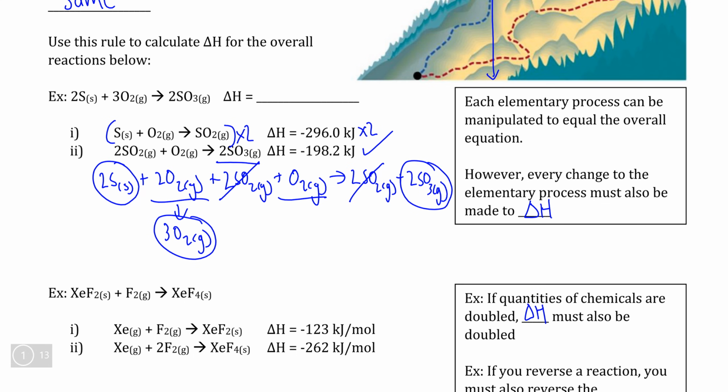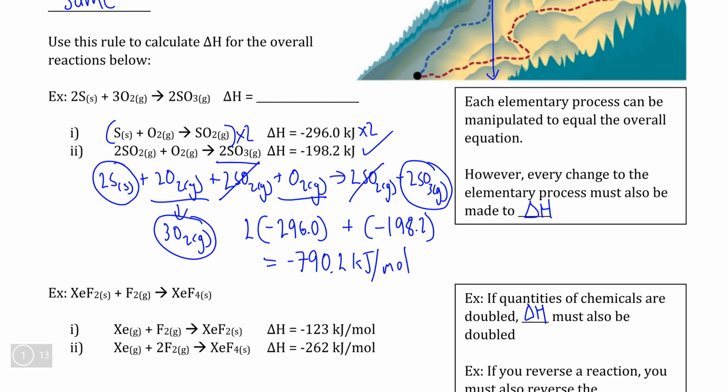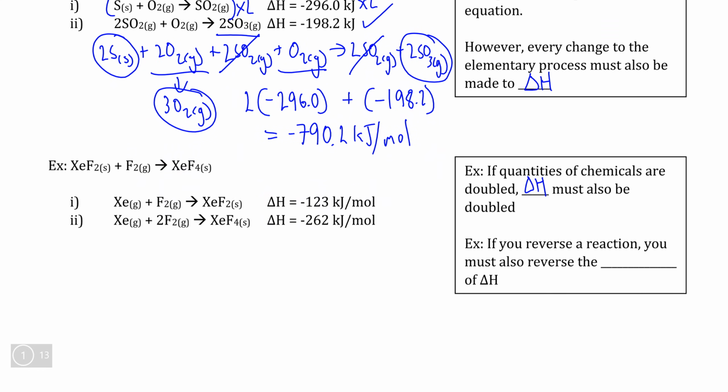So we can calculate the overall delta H of this reaction by taking negative 296 kilojoules per mole, multiplying that by 2, and adding it to the delta H of the second step, negative 198.2 kilojoules per mole, and that, if you put into your calculator, should come to exactly negative 790.2 kilojoules per mole.